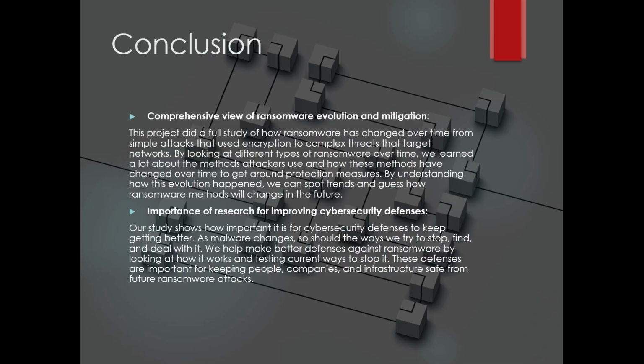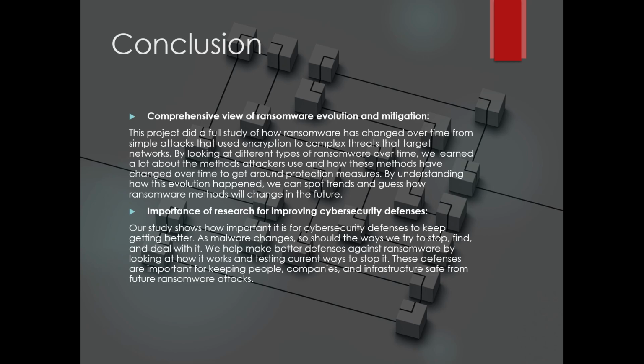What this project did was a full study of how ransomware has changed over time, from simple attacks that use encryption to complex threats that target networks. By looking at different types of ransomware over time, we learn a lot about the methods attackers use and how these methods have changed to get around protection measures.